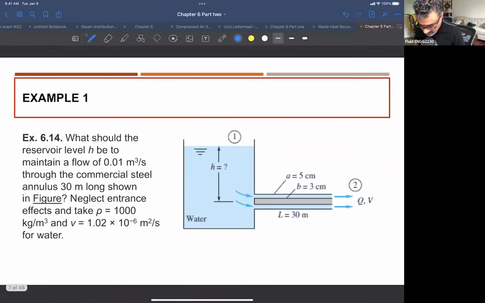So let's look at this example here. You have a tank like this, or a reservoir, right? Remember, I think I mentioned this many times, the level of the fluid in a tank is considered to represent energy. Why?